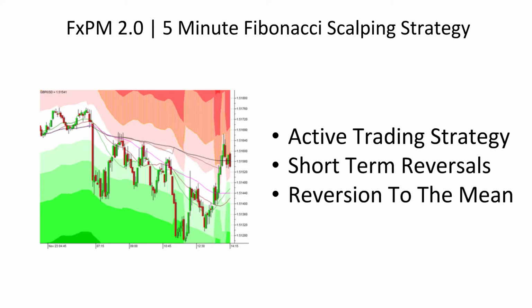So an active trading strategy is basically a strategy where you've got several opportunities. It's not necessarily where we're trading those high volatility moments like we do with what we call passive strategies with the matrix. The 5-minute scalping strategy that we're talking about today is taking advantage of a short-term reversal. Short-term for us is usually under 20 minutes to a half an hour.